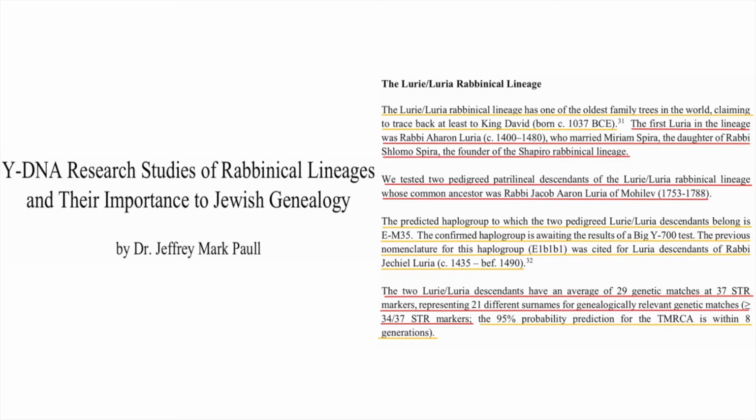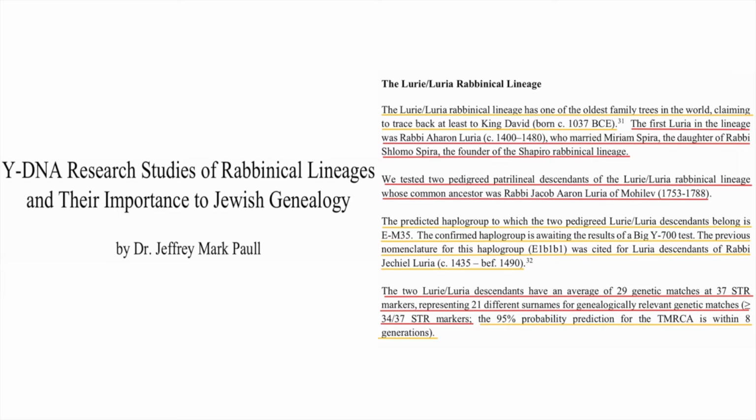The first Loria in the lineage was Rabbi Aaron Loria, 1430 through 1480, who married Miriam Spinria, the daughter of Rabbi Shlomo Spinria, the founder of the Shlomo rabbinical lineage. Forgive me for my mispronunciations.